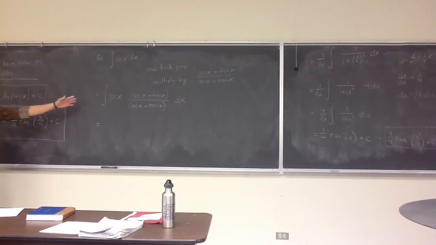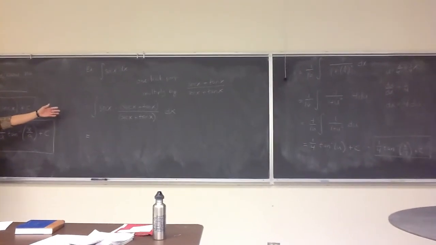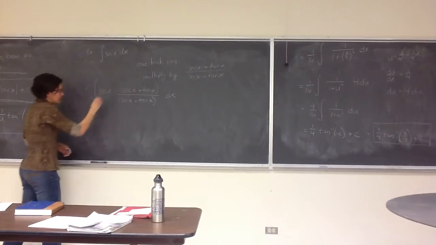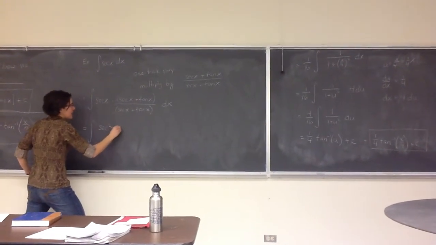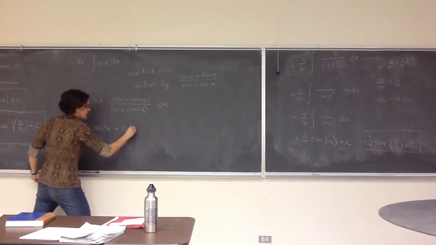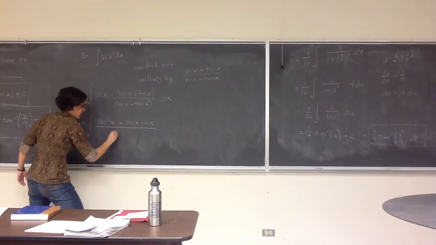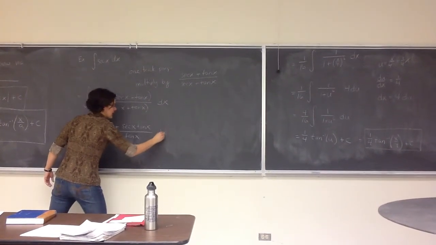I have not changed the value of my integral whatsoever because I'm multiplying by 1. This is secant x over 1. I can multiply across the top and across the bottom, and so I end up with secant squared x plus secant x tangent x divided by secant x plus tangent x, and then a dx at the end.